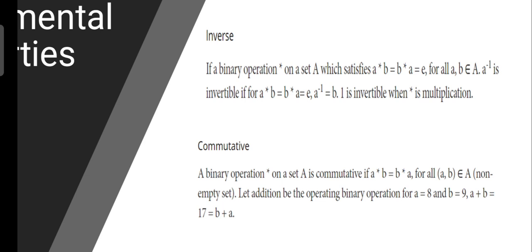That is, A star B is equal to B star A. For example, addition on the set of natural numbers: if we add 8 and 9 in the order 8 plus 9, and if we add it as 9 plus 8, it always gives the result 17 whether done in any order. So commutativity has two elements and associativity has three elements. The main thing is the order in which we are combining the elements.